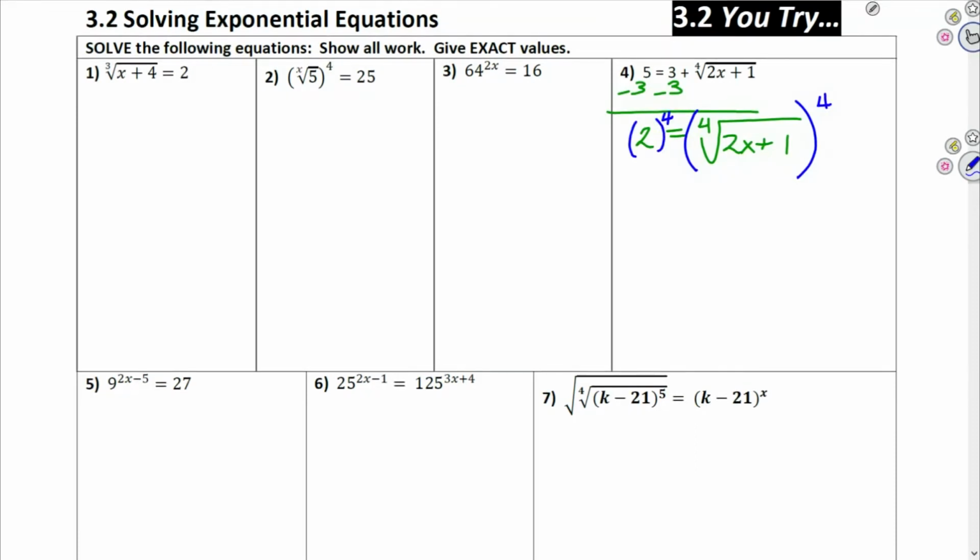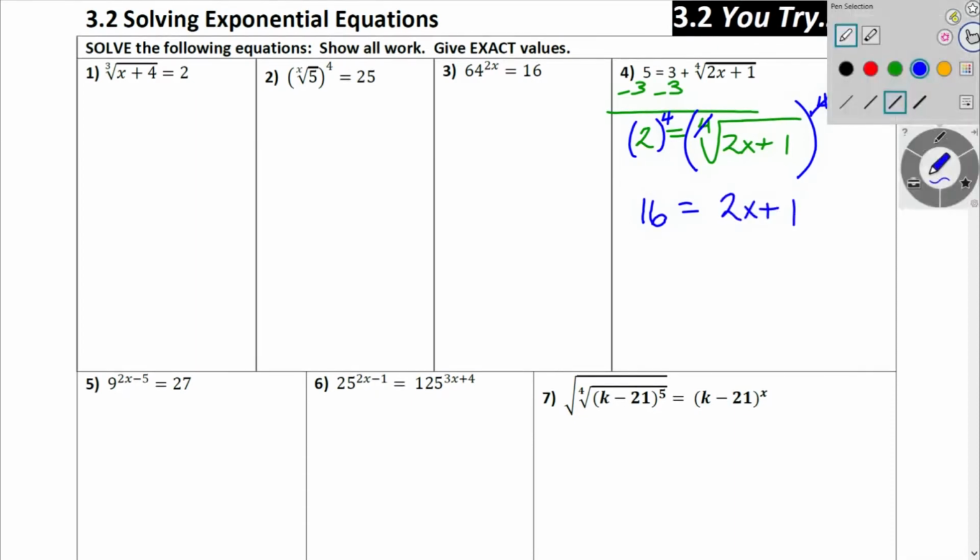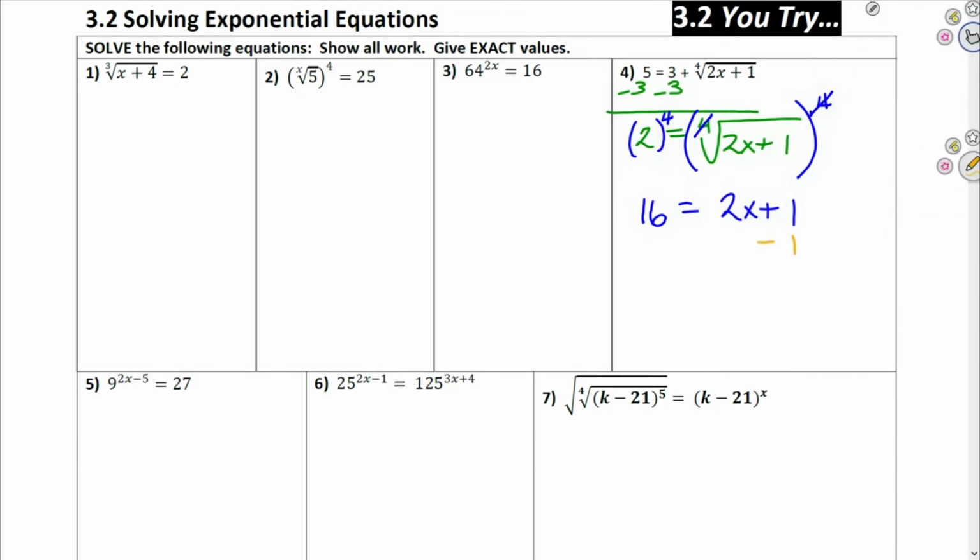Okay, 2 to the fourth power is 16. Okay, and the fourth root and the fourth power cancel each other out just like a square root and a square are inverse operations. And so we get 16 is equal to 2x plus 1. And from here, we've done things like this before. So I'm going to subtract 1 from both sides.